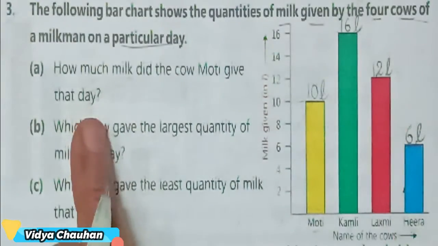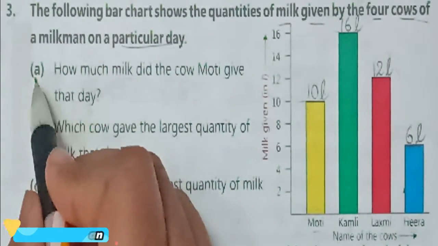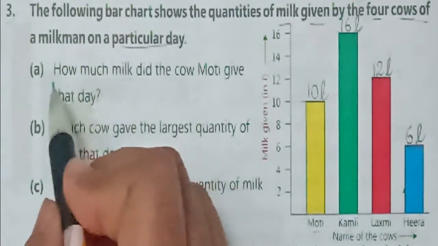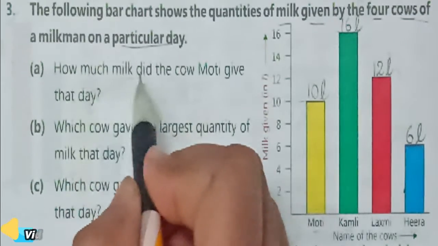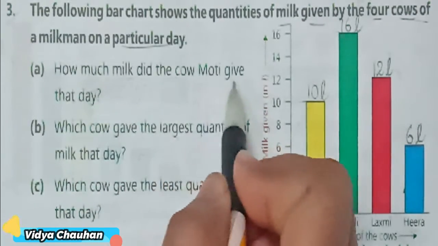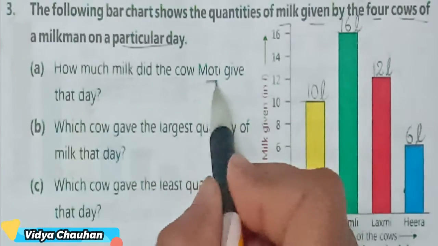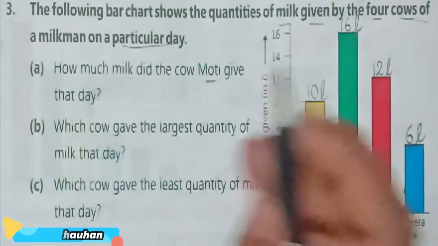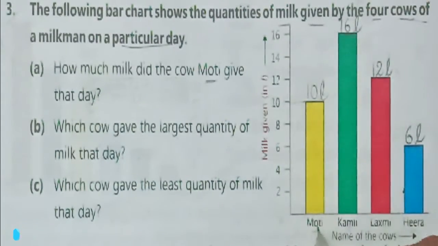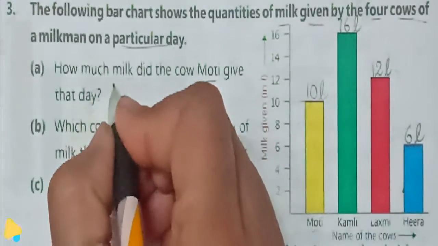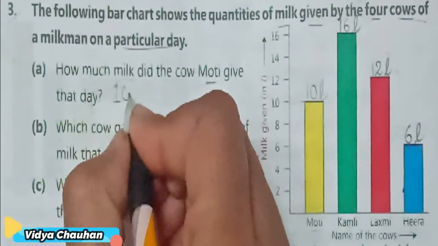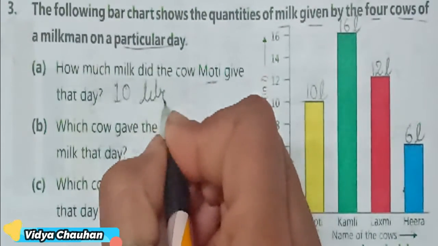Now let's come to the question. The first question being asked here is, how much milk did the cow Moti give that day? So on that particular day, how much milk did Moti give? Moti has given 10 liters of milk. So your correct answer is 10 liters.